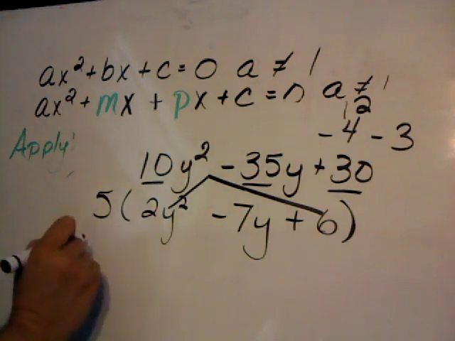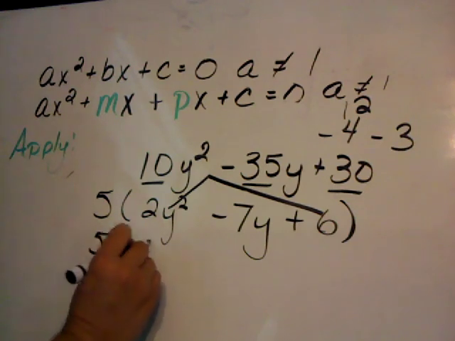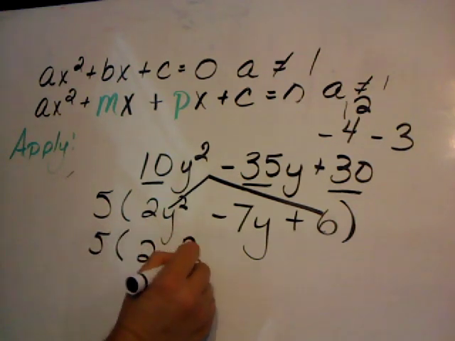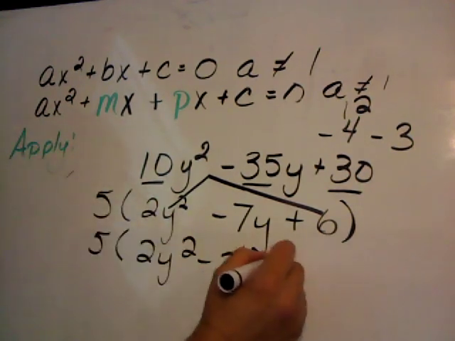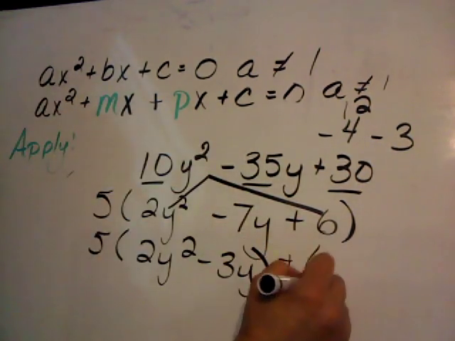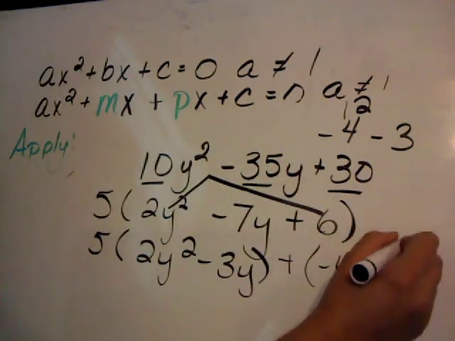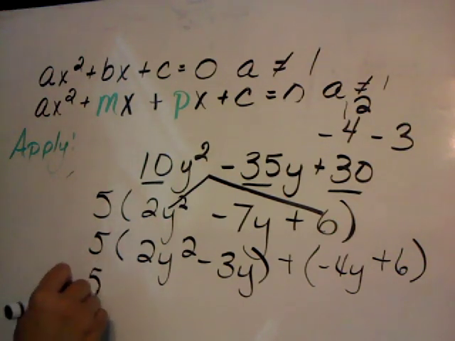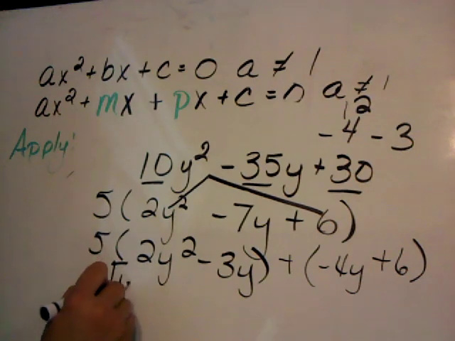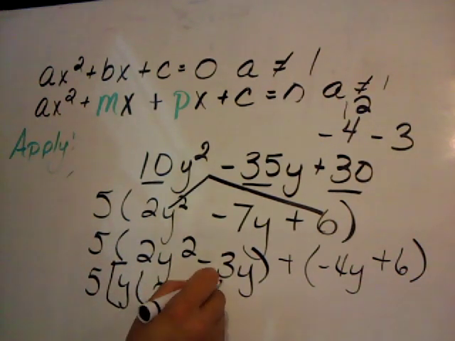So I'm going to say 5 times 2y squared minus 3y plus negative 4y plus 6. Okay, out of this, I'm going to pull out a y. I'm going to use some brackets here, which would leave me with 2y minus 3.